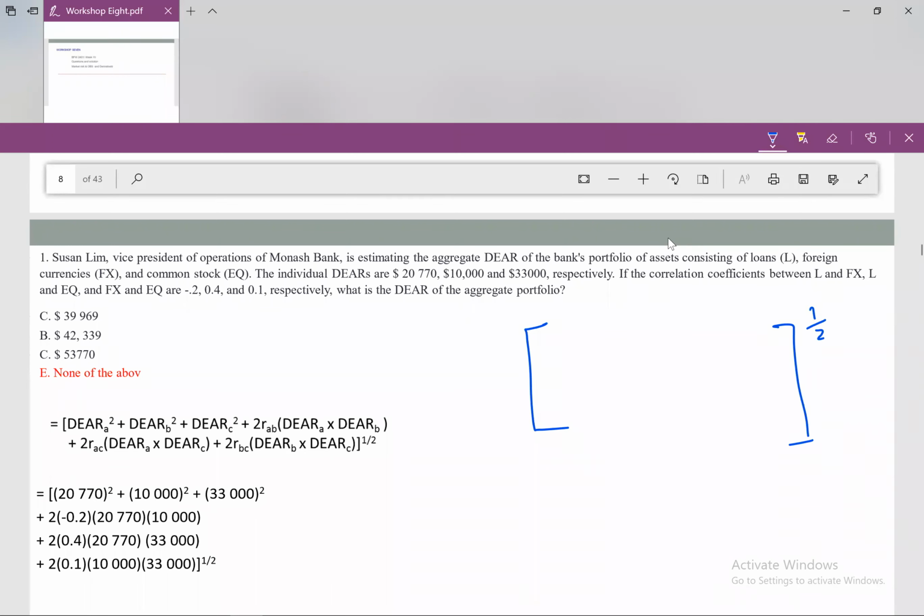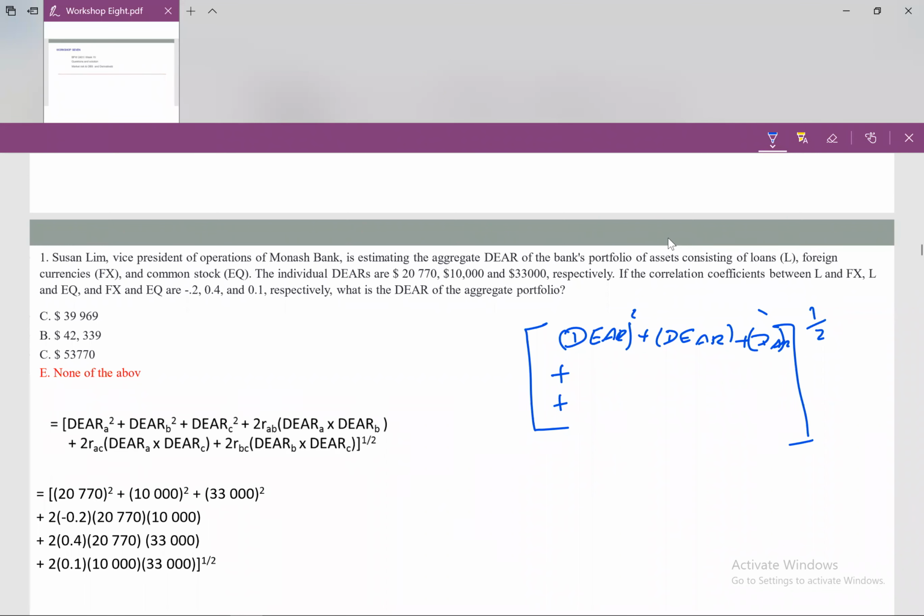This is just to get the DEAR plus the DEAR, if you have 3, plus the DEAR, and then this is square, square, square. And then you just have to add the correlation.